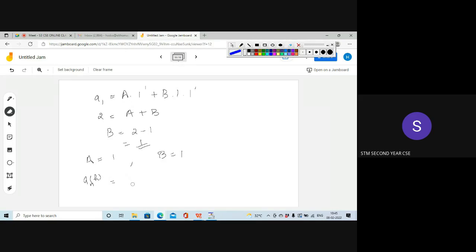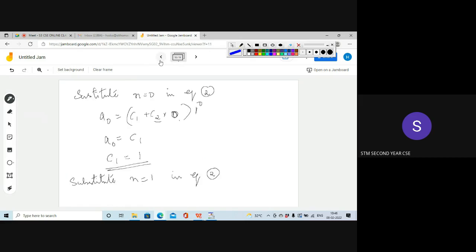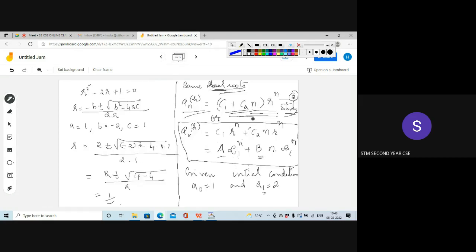If roots are same, then the homogeneous solution is C1 plus C2 n the whole into r raised to n, isn't it?